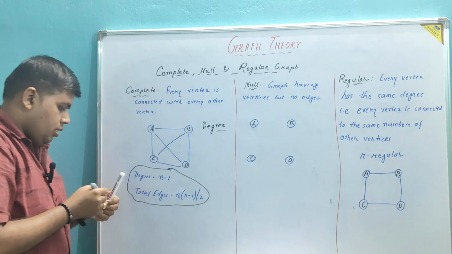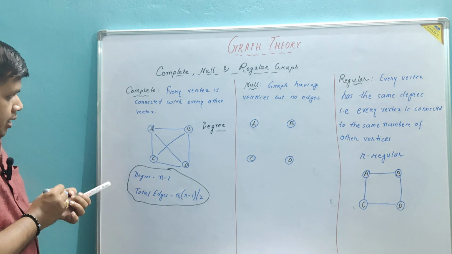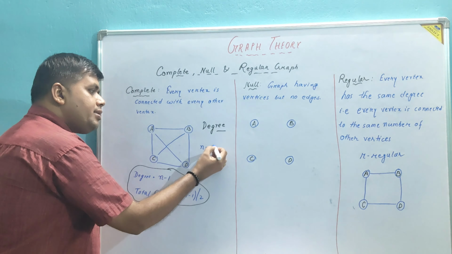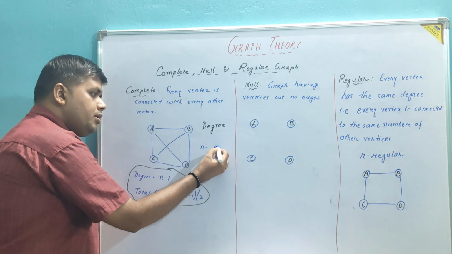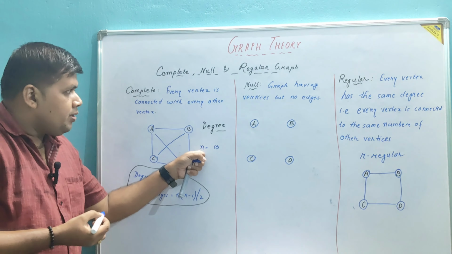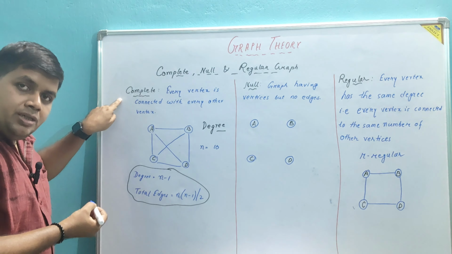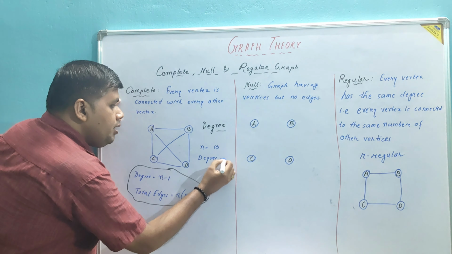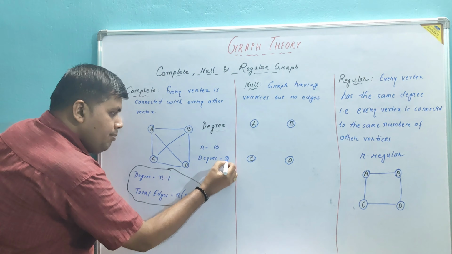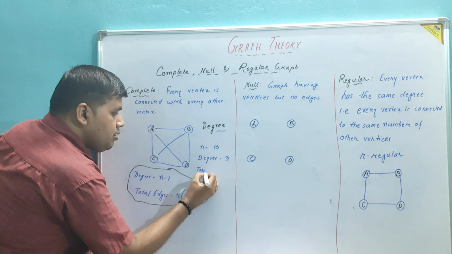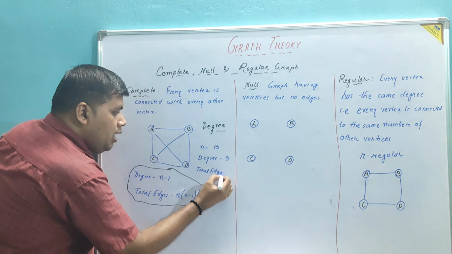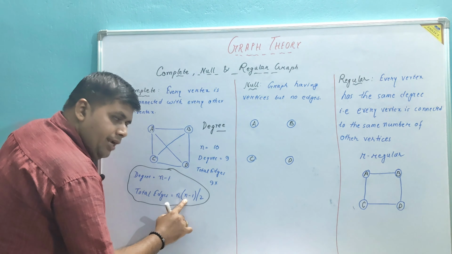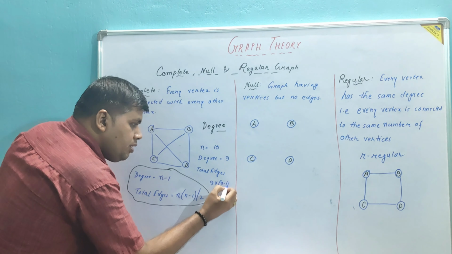So for example, if you are having a graph with say number of vertices is 10, if there are 10 vertices in a graph, then it will be a complete graph only if every vertex is having degree 10 minus 1, that is 9, and the total edges, if it is a complete graph, will be 10 into 10 minus 1, divided by 2.